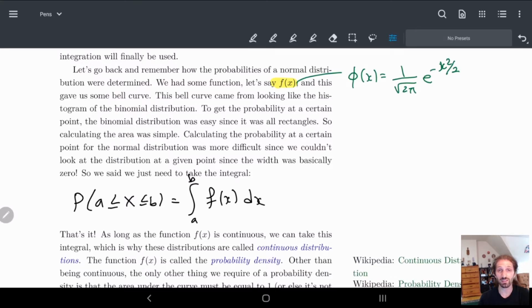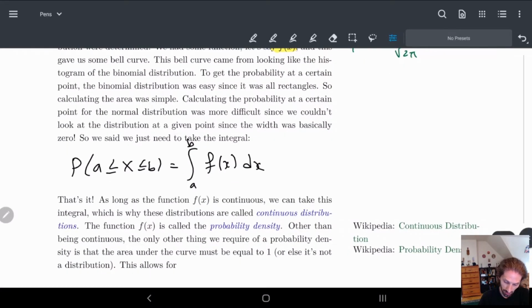And this is basically how we're going to define continuous distributions. As long as our function f of x is continuous, we can take this integral. This is why it's called a continuous distribution, because we need f of x to be continuous. And that's it. That gives us a continuous distribution.